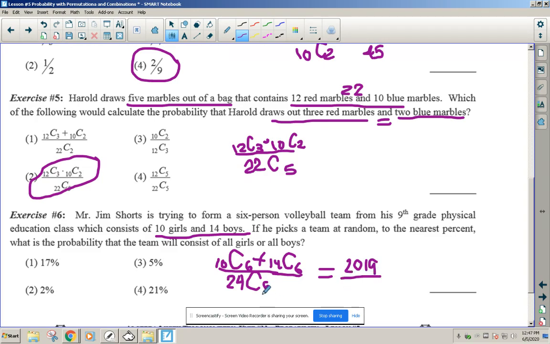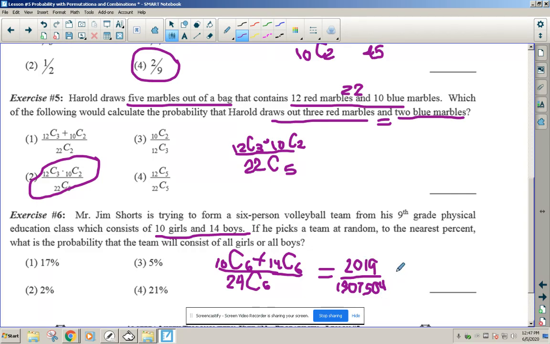And now type in 24C6, and we get 130,000. Uh, 7504, so I said that wrong. We get 1,307,504. This is a crazy fraction.